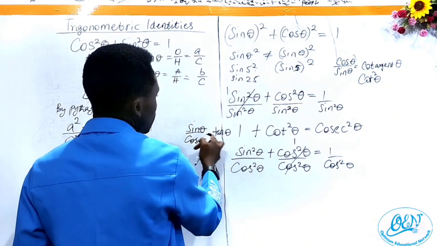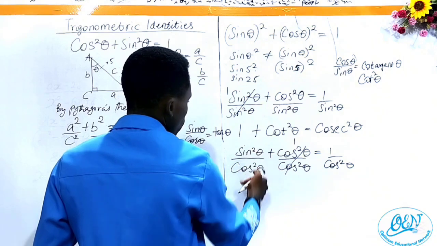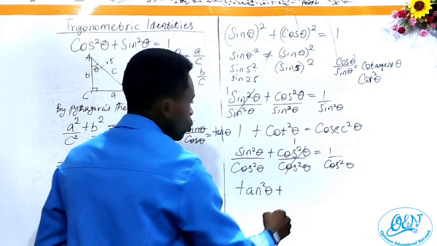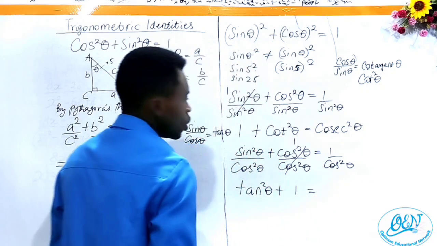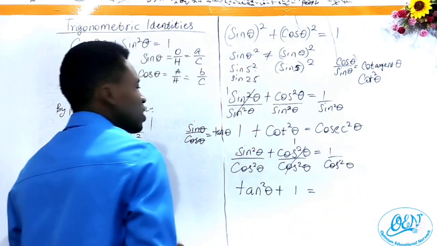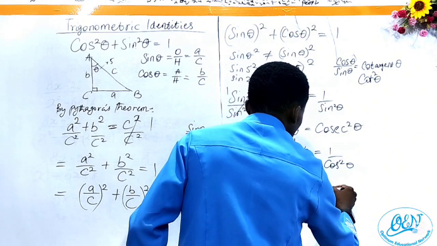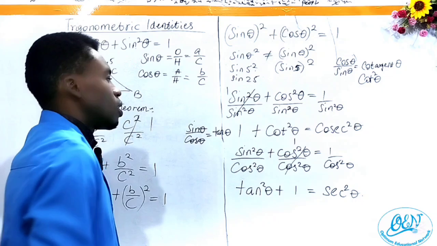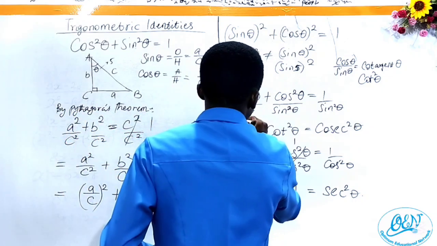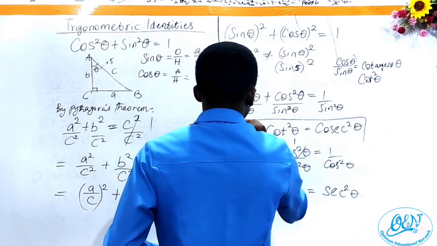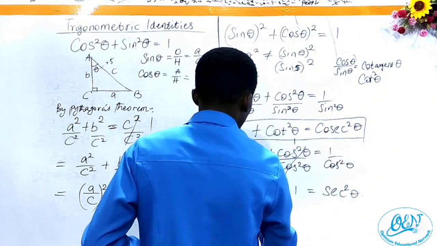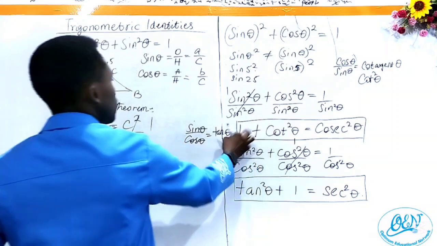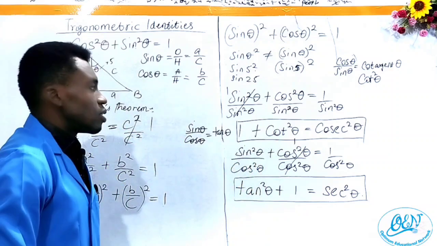So if we square this, we'll have tan squared theta. So we have tan squared theta plus 1, and this will give us 1 over cos squared theta. This is sec squared theta. So these are the other two identities that we have obtained from this.